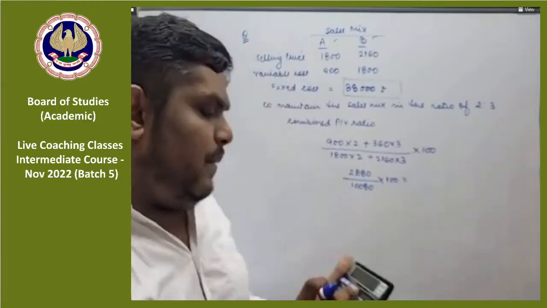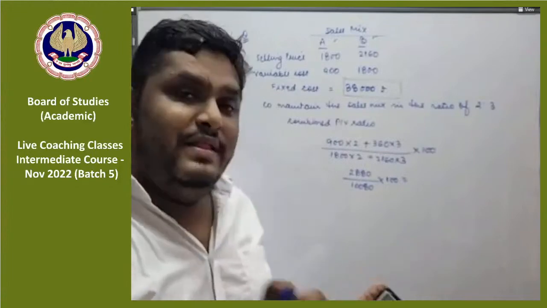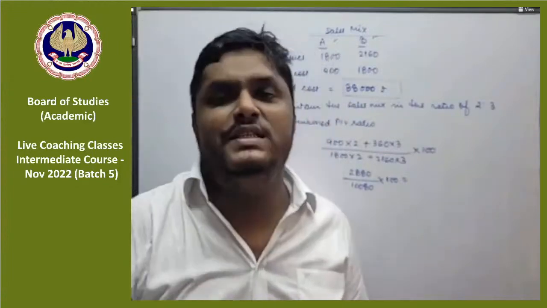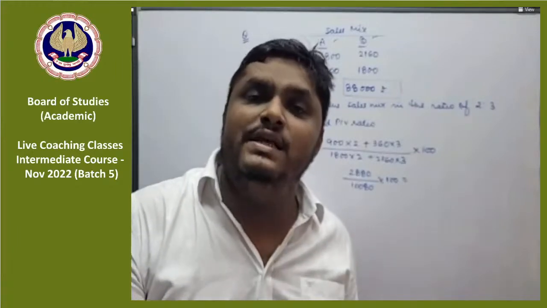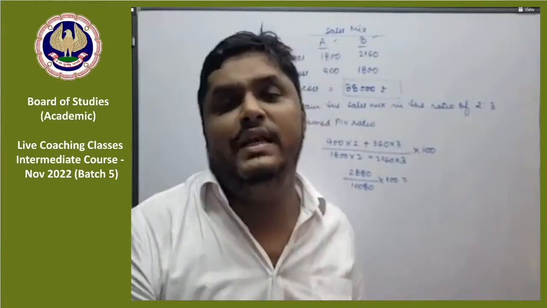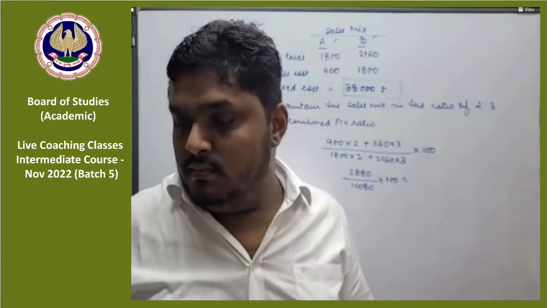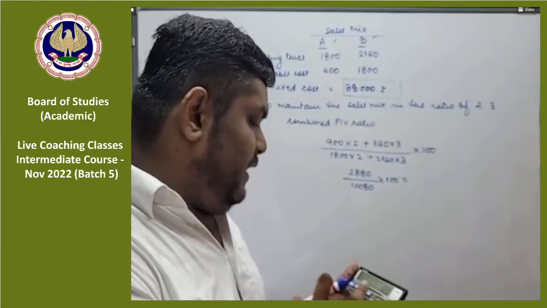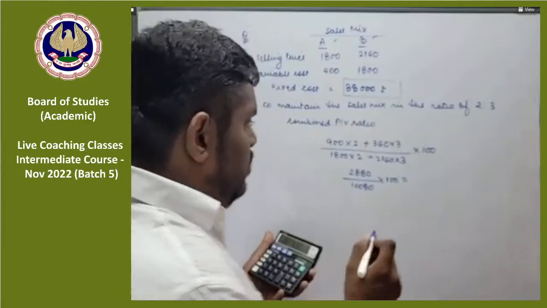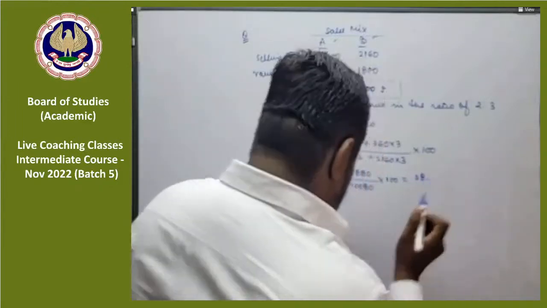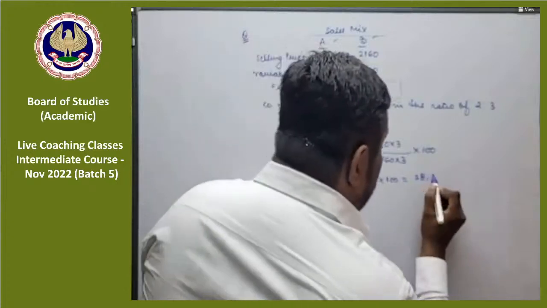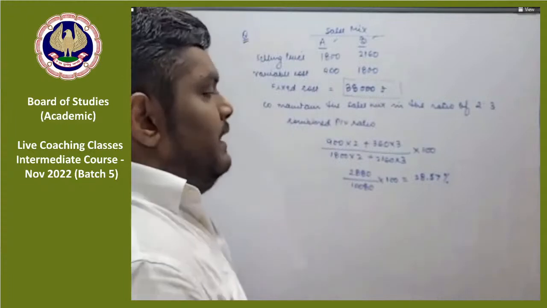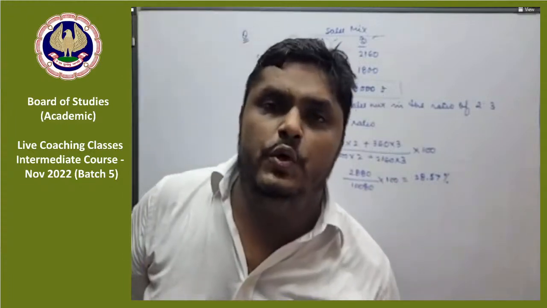So this will be my combined PV ratio, that is combined contribution keeping in mind the units as well as the price divided by combined sales, again keeping in mind the units and the price. So 2880 divided by 10080 into 100 will be 28.57%. This is my combined PV ratio.